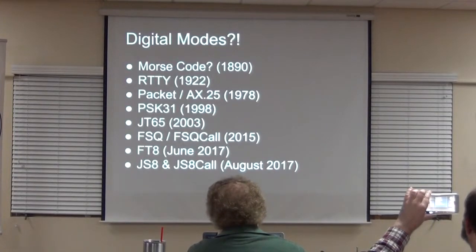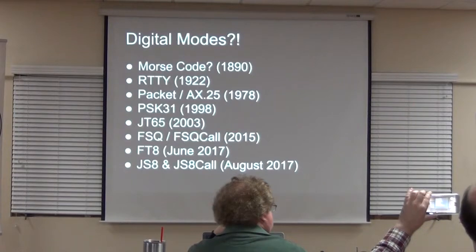Does anybody think that CW is a digital mode? Yes. Yeah. Okay. And some other ones here: RTTY, packet, PSK. So I want to see, got this here. What is this? A phone. RTTY. Okay. And then this, you might have heard it. My modem handshaking. Packet.